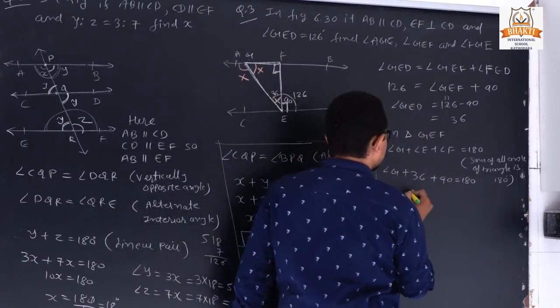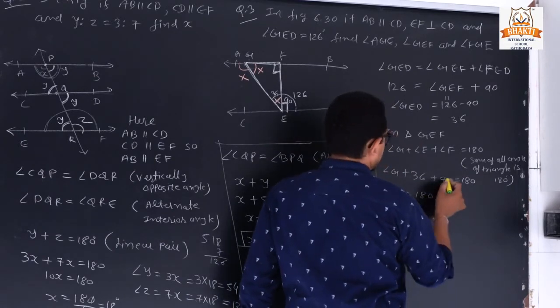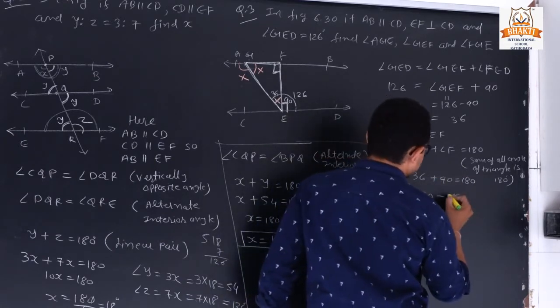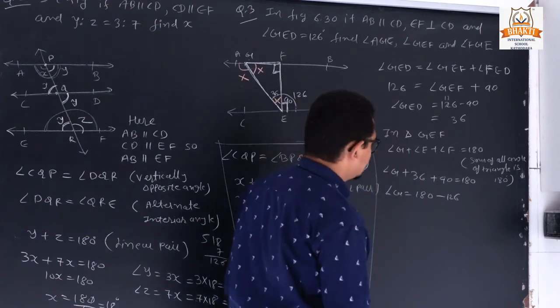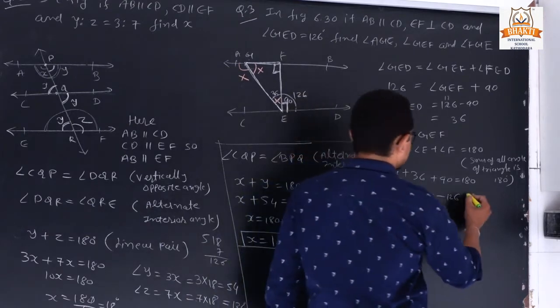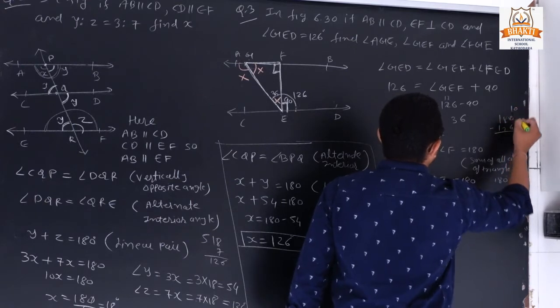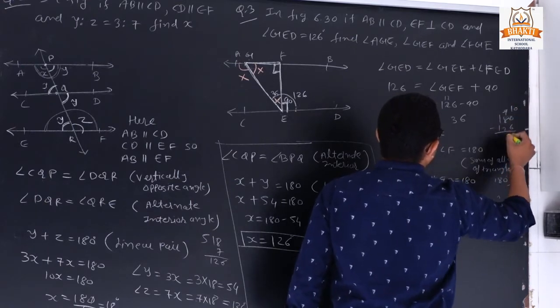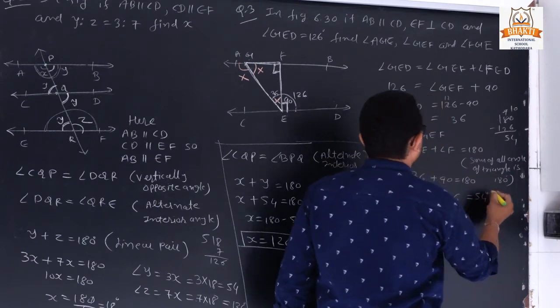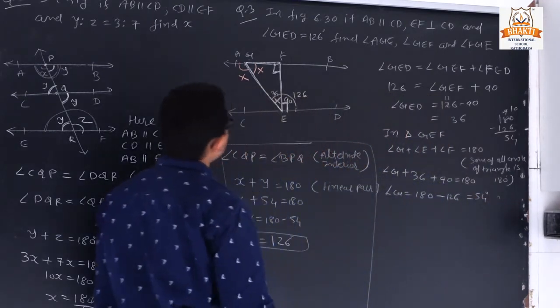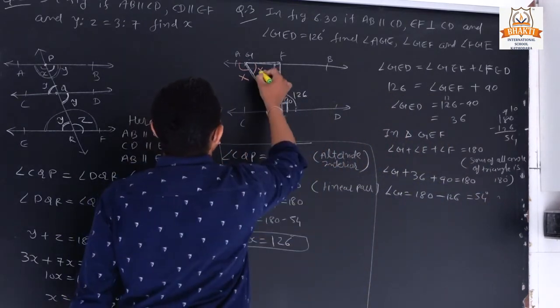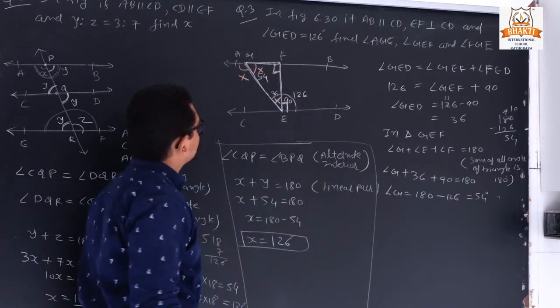So angle G is equal to 180 minus (90 plus 36), so it is 126. So 180 minus 126 is 54 degrees. So this angle is 54.